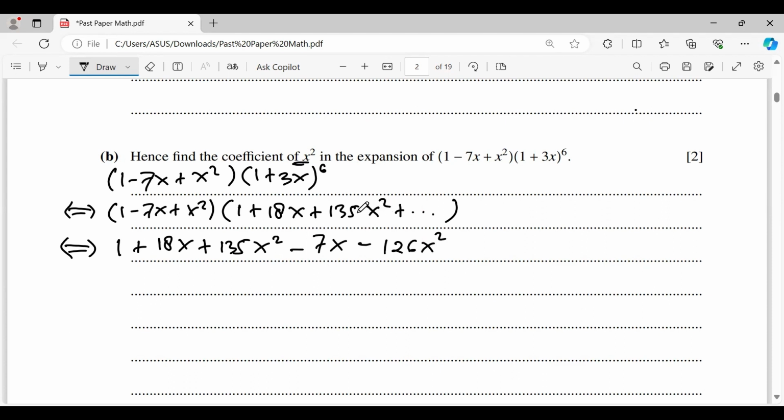Minus 7x times 135x squared, no need, because the result equals x cubed. So we just find x squared. And the last is x squared times 1 is x squared. And so on.